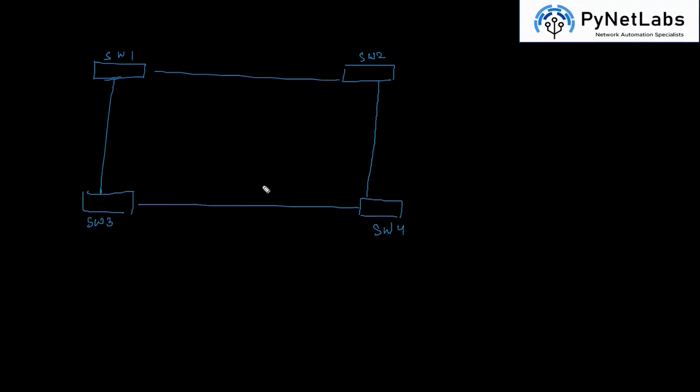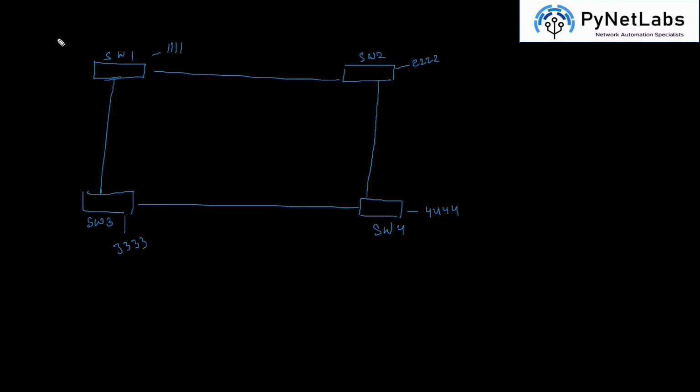So we are going to assume the MAC addresses of these devices as 4111, then 4222, then 3333, then again 4444.